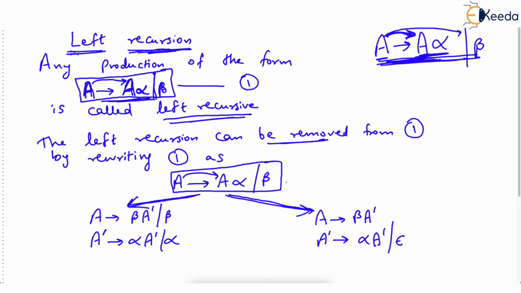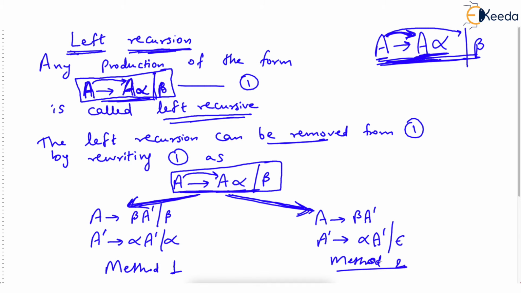You can rewrite it like this, or you can rewrite it like this. Both are correct, but we will be using method 1 in our subject. Although I have given you method 2 here, just ignore it for right now.